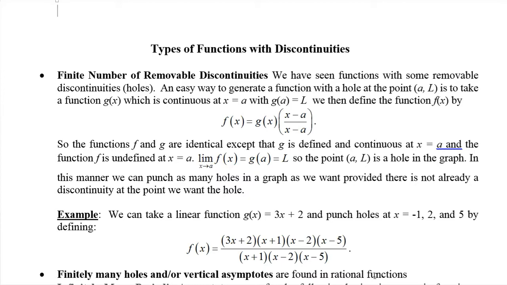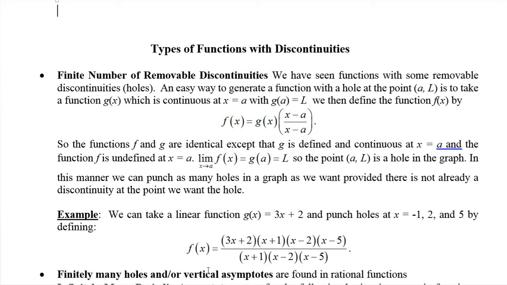We've had other rational functions where the denominator is never 0 for any real number inputs, and so that turns out to be a continuous function. But we've had other rational functions where the denominator is 0, and each one of those x values will give you either a hole or a vertical asymptote. We had some with holes, some with vertical asymptotes, and some with both.